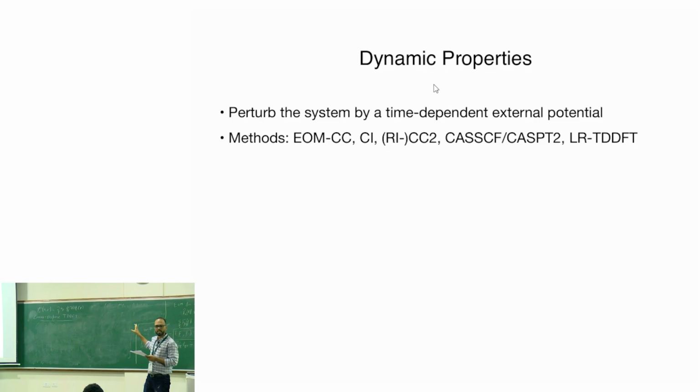But because I'm using a density matrix formalism, so my perturbation is deliberately Hermitian, right?